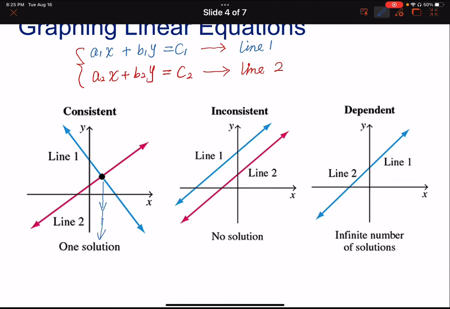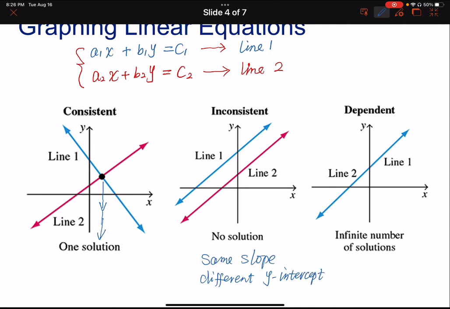The second case you can think about is, what if L1 and L2 are parallel but not coincident? In this case, L1 and L2 have the same slope but different y-intercepts, because they do not coincide.